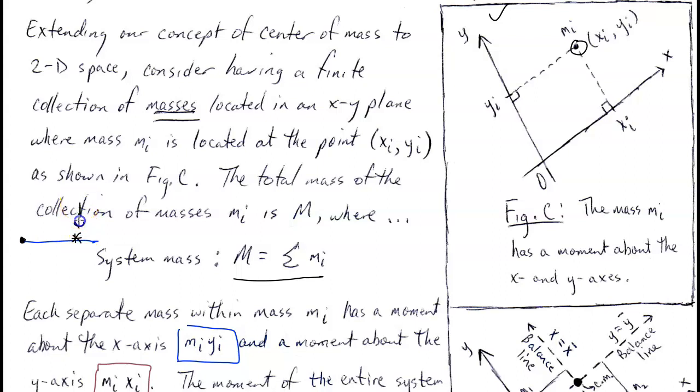If gravity is acting down on it, then this system is going to tend to rotate clockwise, because the force, which is the weight of that mass, is trying to pull that rod down. Notice that we have the mass, and the force being applied is in a vertical direction.